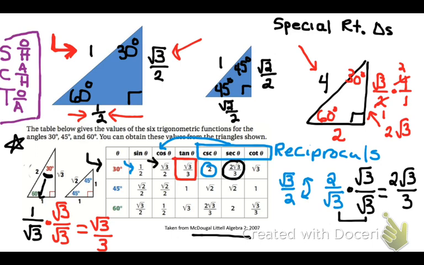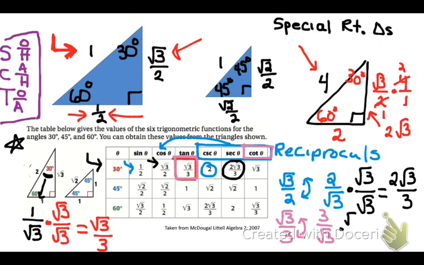And then I'm going to make a little bit of space and we'll look at the last one. Now we want the reciprocal of tangent for cotangent. So we have square root 3 over 3, and we're going to write the reciprocal. So 3 over square root 3. Again, we need to rationalize the denominator.